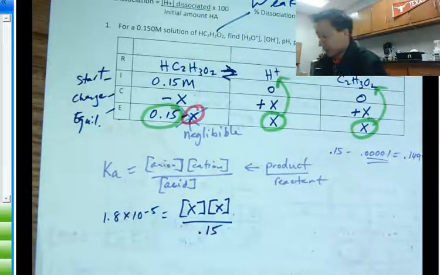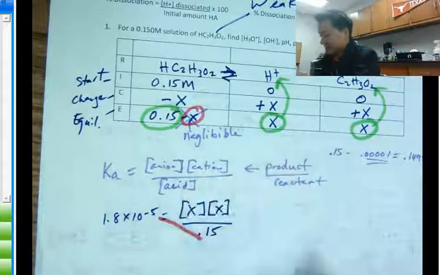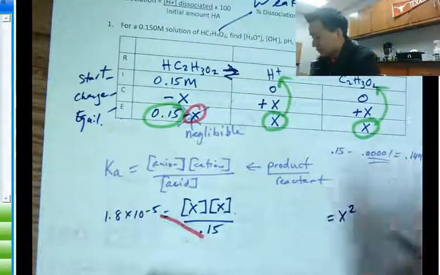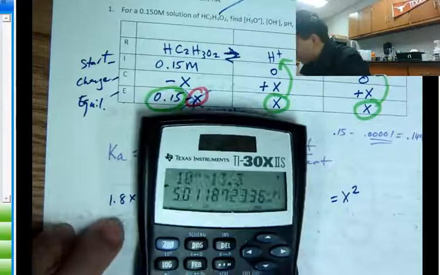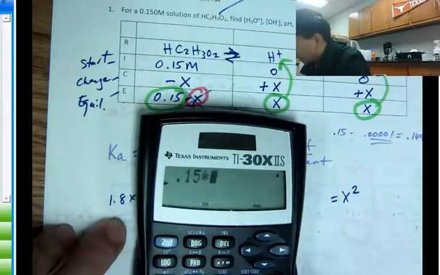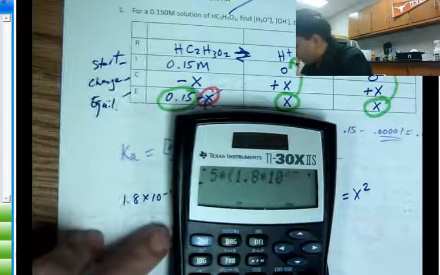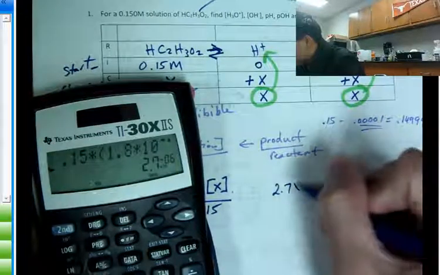So we cross multiply. The top will be x squared, so x squared equals 0.15 times 1.8 times 10 to the negative 5, and I get 2.7 times 10 to the negative 6.